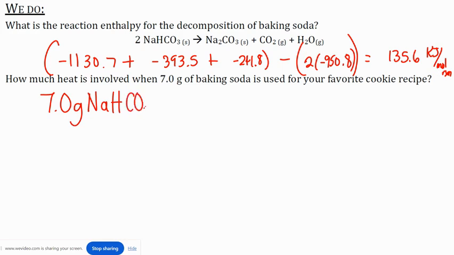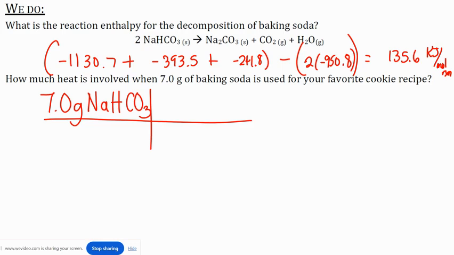All right, I've got my 7 grams here of this material. I want to get that into a usable form, which is moles. How do I get between grams and moles? Where do I go? Periodic table, right. So I'm going to take a sodium at 23, a hydrogen at 1, a carbon at 12, and 3 oxygens at 48.